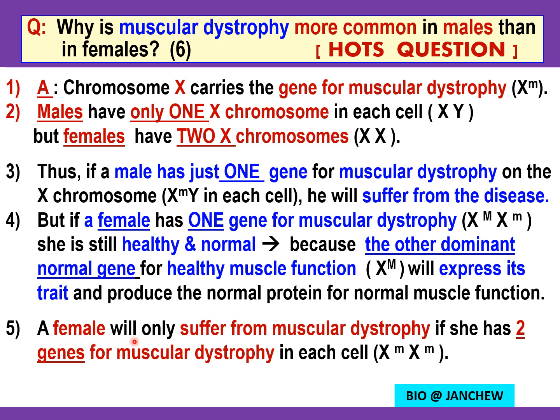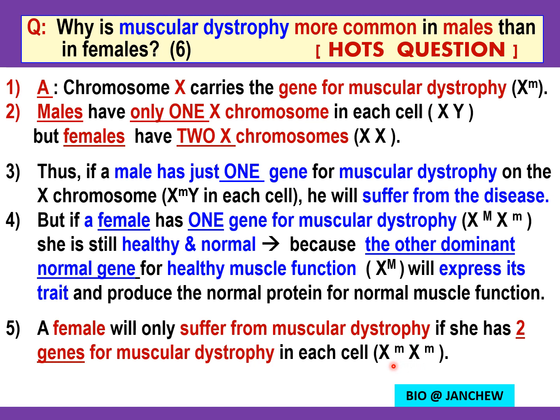So a female will only suffer from muscular dystrophy if she has two genes for muscular dystrophy in each cell, X small m, X small m. So in this case, she doesn't have any X big M, any normal genes to provide the code for the production of normal protein for normal muscle function. So she will suffer from the disease.